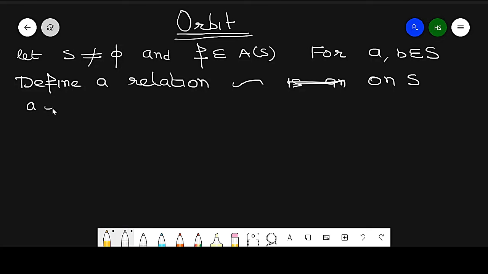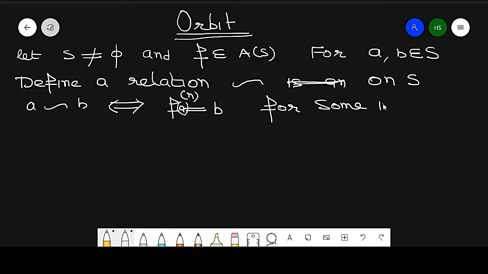A is related to B if and only if F raised to the power n of a is equal to b, for some integer n. So this relation is an equivalence relation.